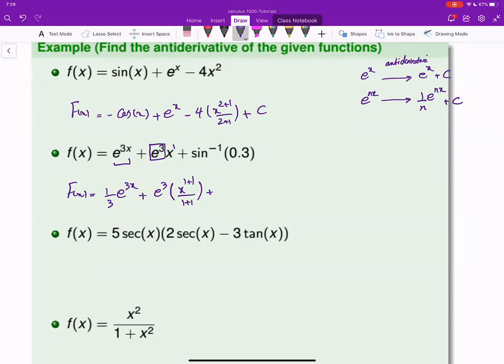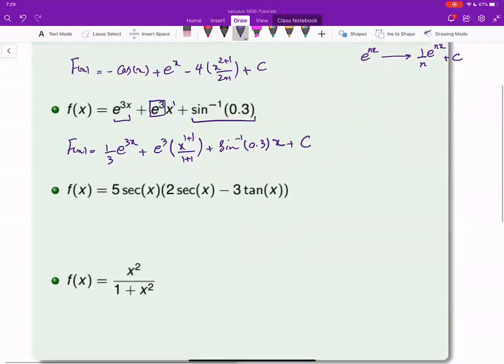I don't know what is sine inverse of 0.3, but the whole thing is just a constant, as if it is 2, 10, I don't know, 1,000. Antiderivative of any constant is that constant times x. And then you need to add c to the whole thing.